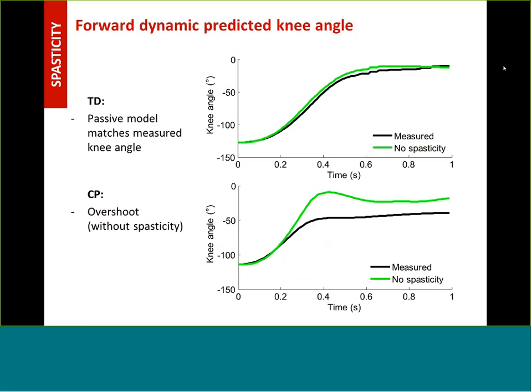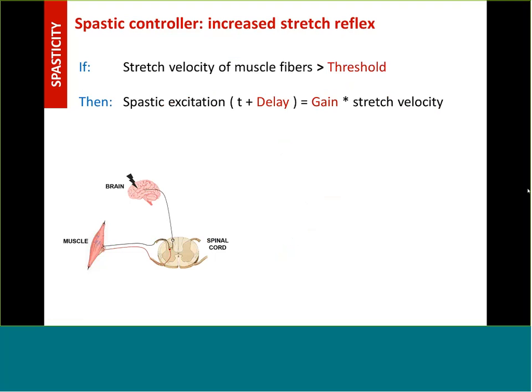And for the typically developing children, you see that on average the predicted knee angle matches well with the measured knee angle. For CP, however, you see that there is a clear overshoot of about 30 degrees. And this overshoot can be explained, of course, by the fact that in reality there is spasticity in these patients, which causes the muscles to become active and resist this motion. And therefore we needed to include spasticity in our model.